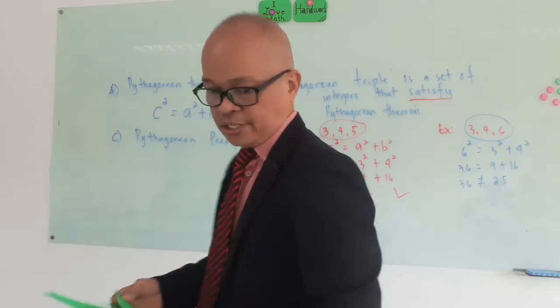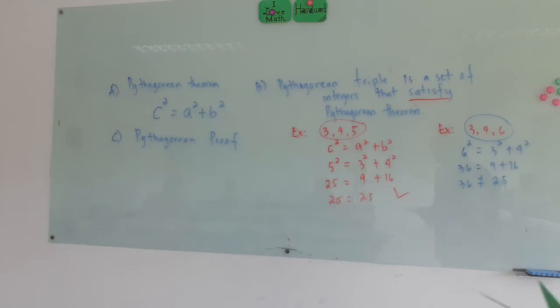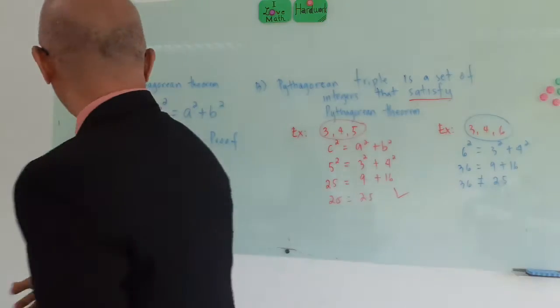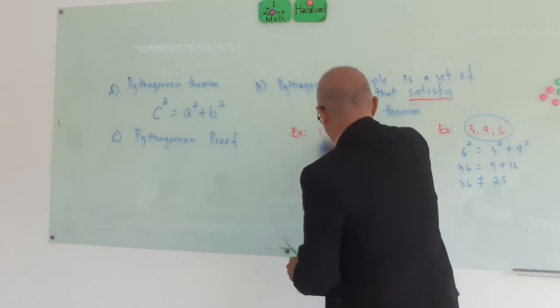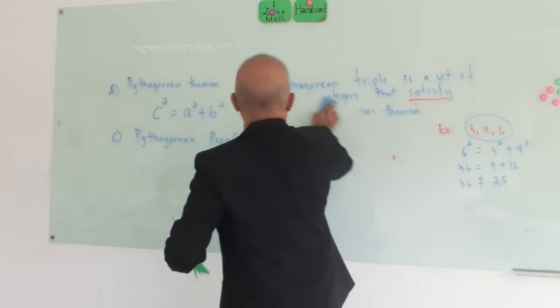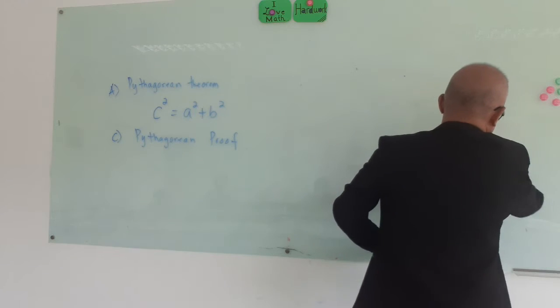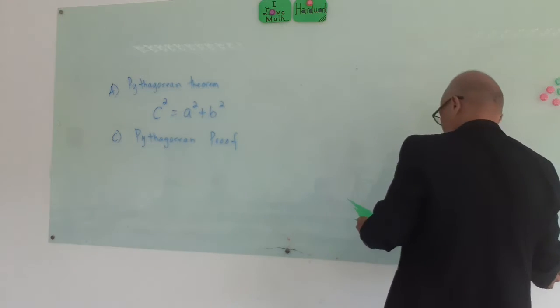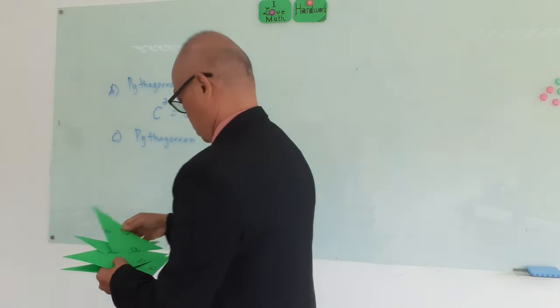Now, I'll arrange this in the manner that we will create a square out of it. This is how to do it, and I want you, after this, to do the same.